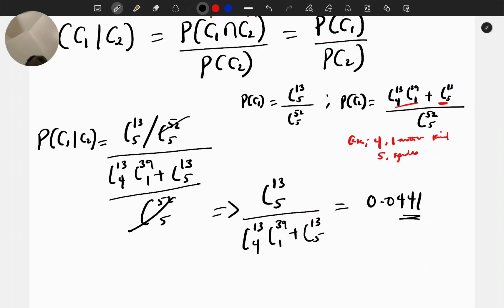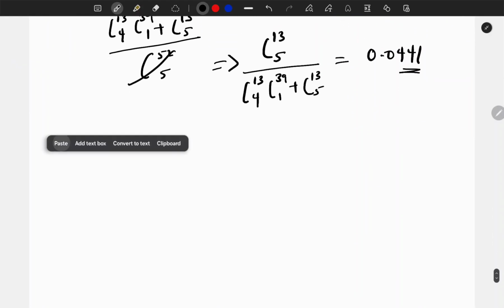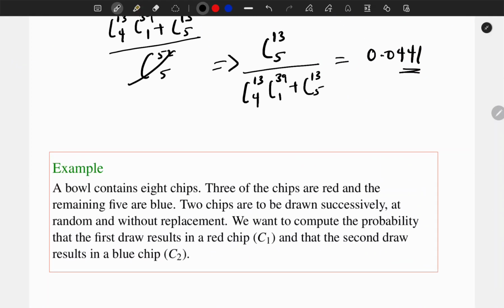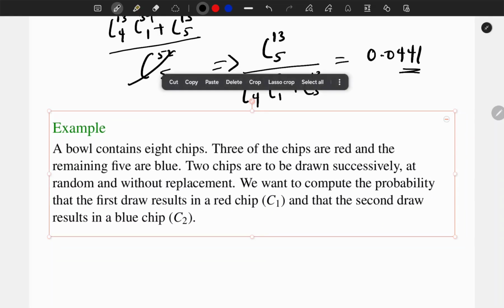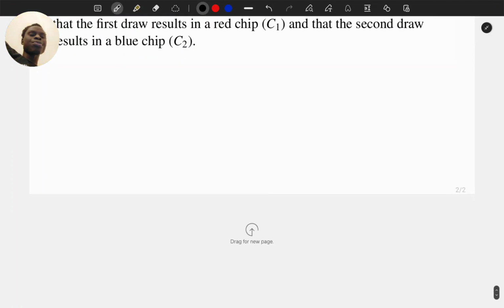So let's check another example. A box contains 8 chips. 3 of the chips are red and the remaining 5 are blue.